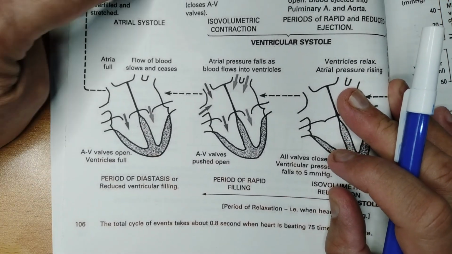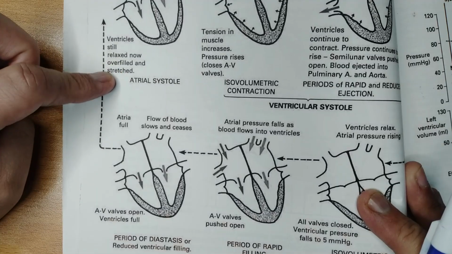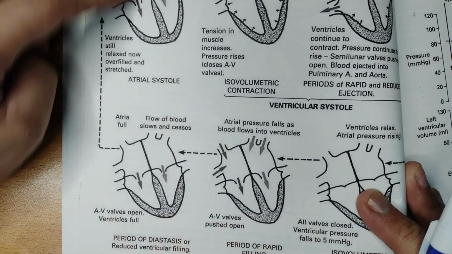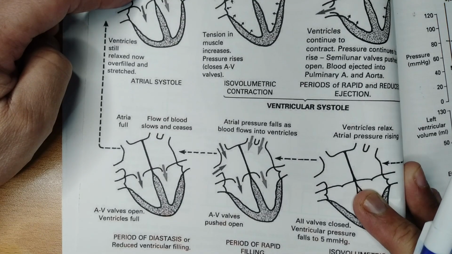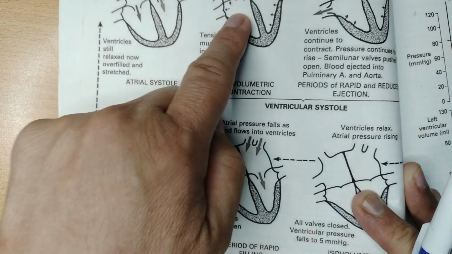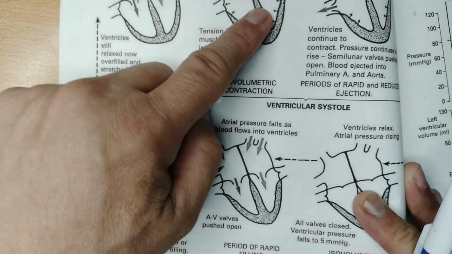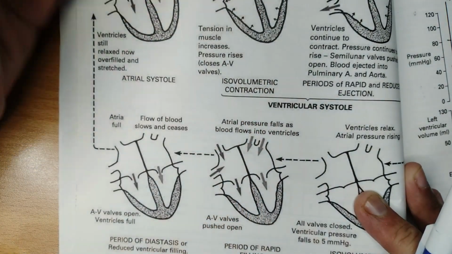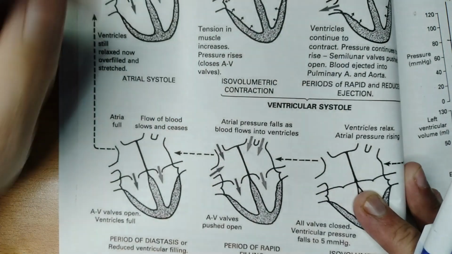So in this photograph you can see that the ventricles are relaxed, overfilled and stretched. This is the point where, at the last moment, atrial systole takes place, as a result of which the ventricular pressure tends to increase. When ventricular pressure exceeds the atrial pressure, the atrioventricular valves close.